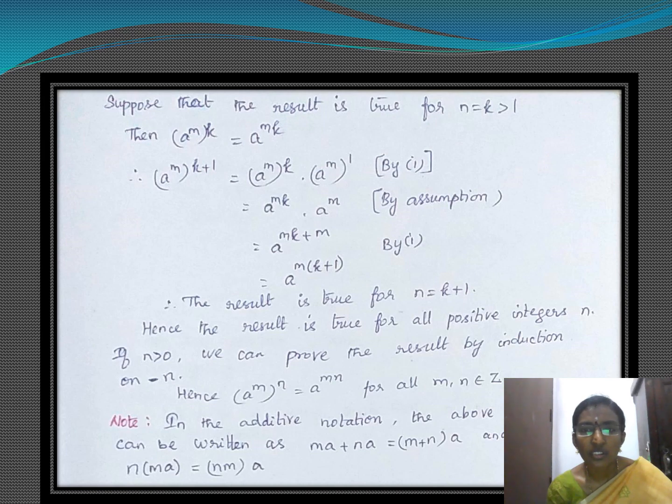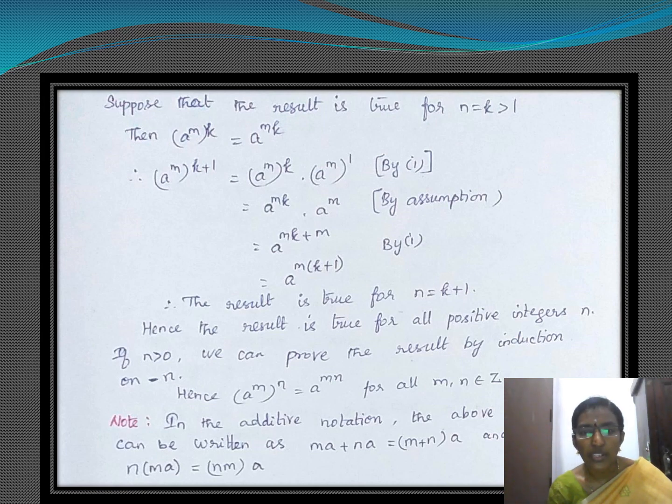By induction, we are assuming that the result is true for n equal to k. That is, (a^m)^k is equal to a^(mk). Now we prove this for n equal to k plus 1. Therefore, (a^m)^(k+1) is equal to (a^m)^k into (a^m)^1.